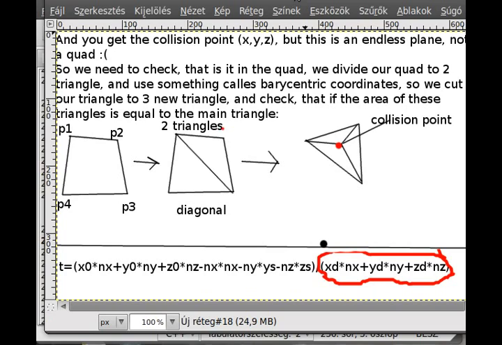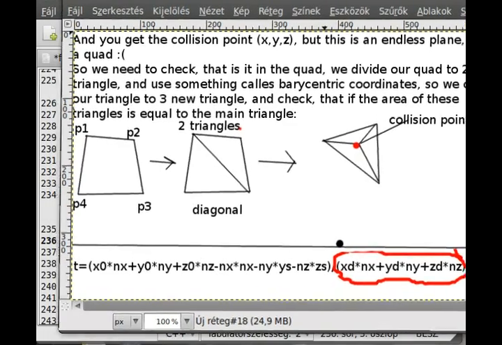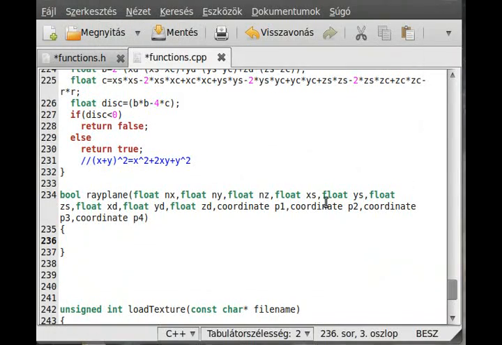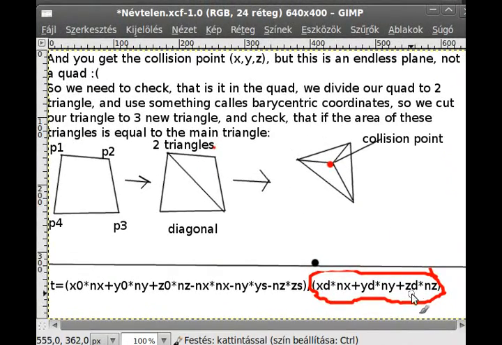If it is 0, then it means that the ray is parallel to the plane. There will never be a collision. So that's why I make a variable, because we use it 2 times: first to examine whether it is 0 or not, and second in the division.